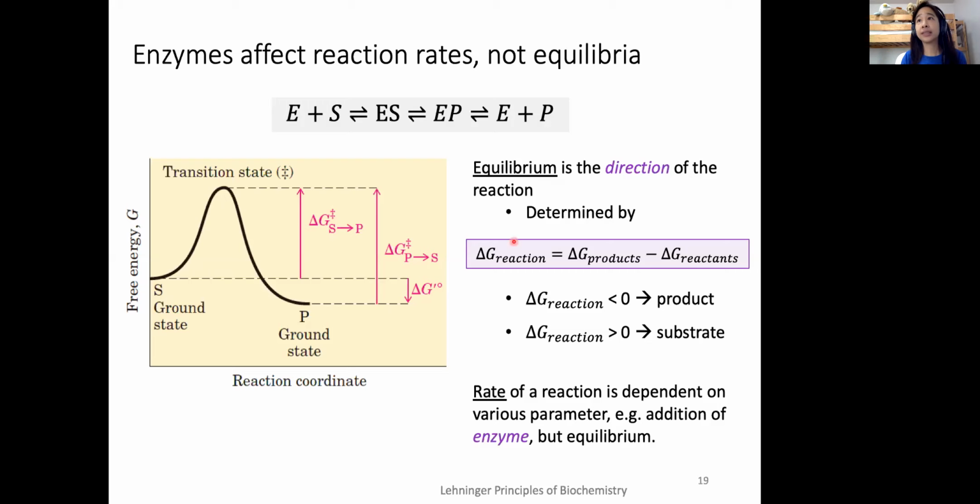What determines it is the delta G. If it's negative, that means it will occur spontaneously to the products. But if it's above zero, if it's positive, it will prefer to be the substrate. And the rate of the reaction is determined by enzymes, but not equilibrium. Just take a look at the graph. This one is the spontaneous reaction because your product has lower energy.